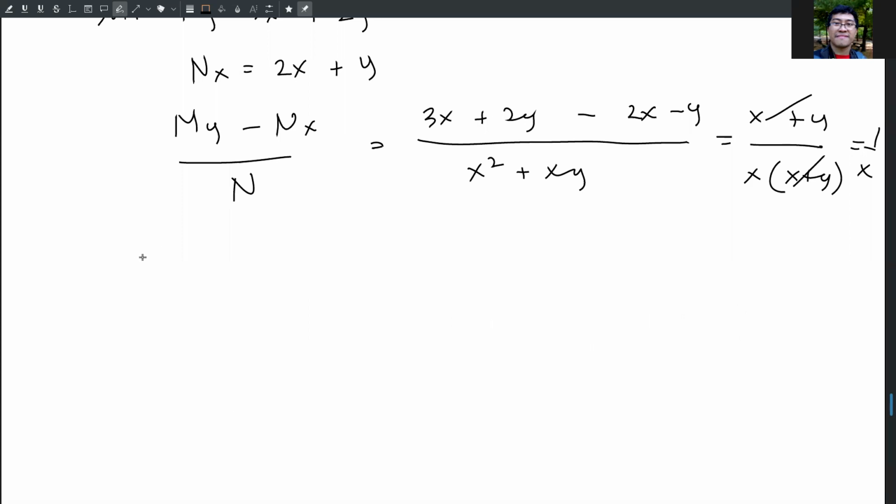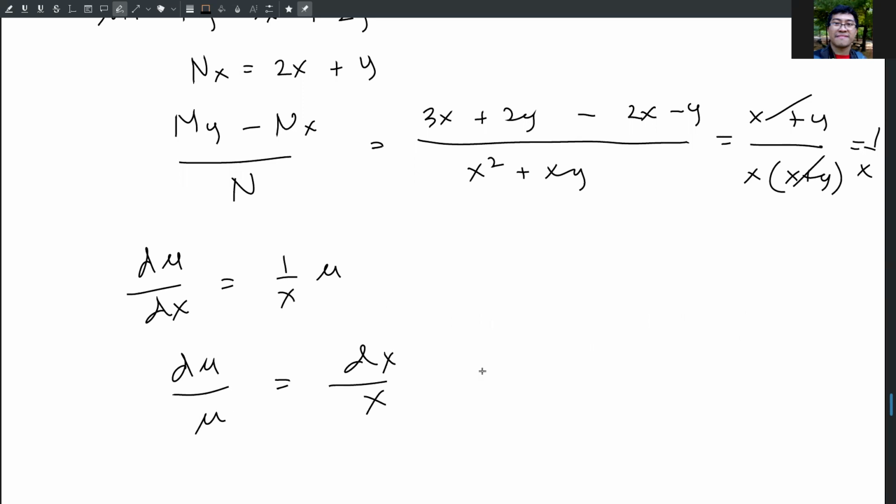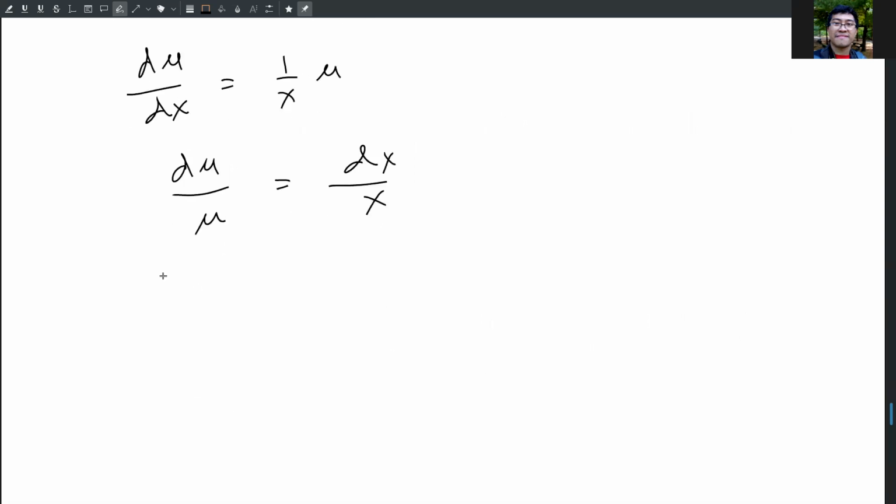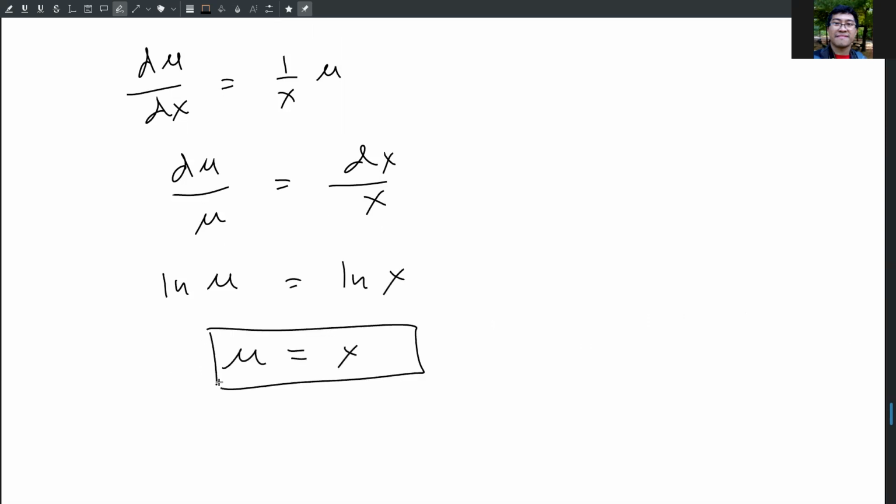So to find mu, we get d mu by dx equals 1 over x times mu, or d mu over mu equals dx over x. This means that ln of mu equals ln of x, or mu equals x.